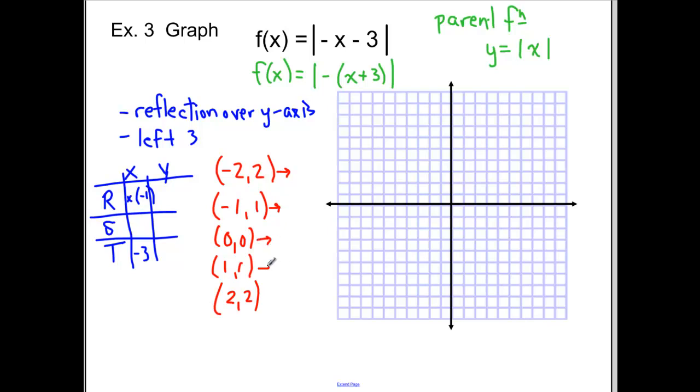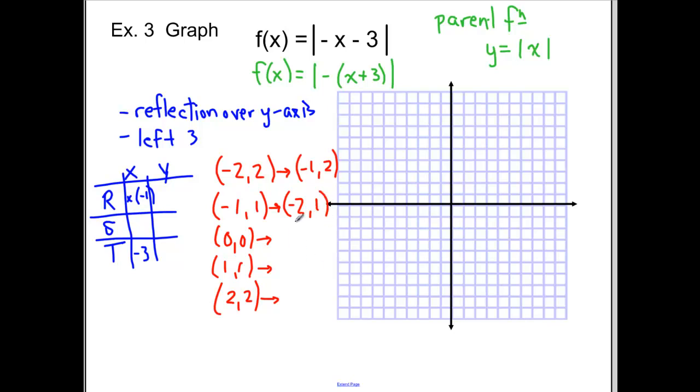So when I map them, notice how no changes are being made to the y values, so they'll all stay the same, 2, 1, 0, 1, and 2. And my x values will multiply them by -1 and then subtract 3. So -2 times -1 is +2, but subtract 3 is -1, and the y value stays the same. -1 times -1 is 1, subtract 3 is -2.